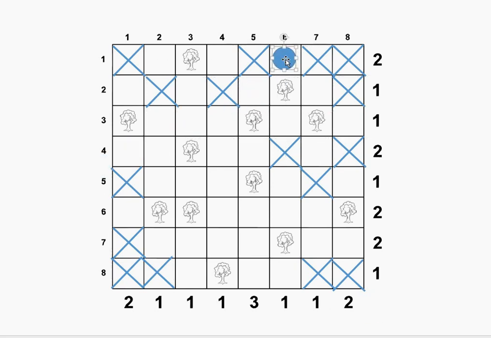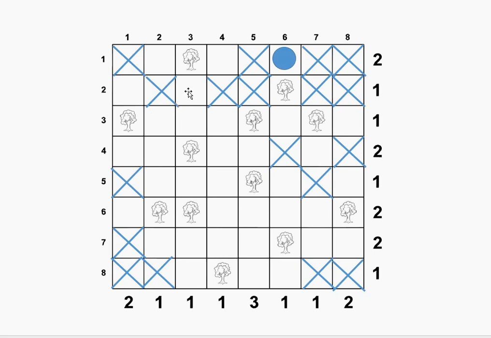If a tent is here in this position, this cell and this cell cannot have a tent because they are in contact with this tent. The same logic is here.